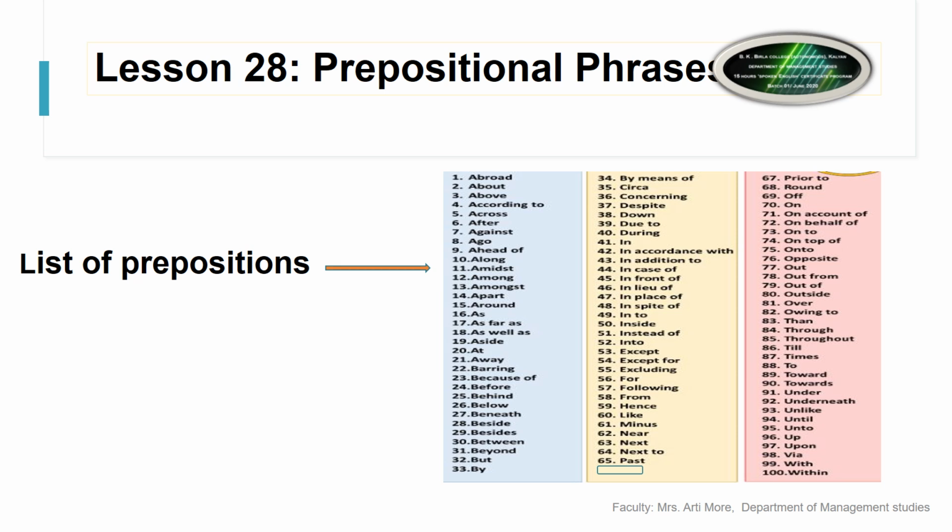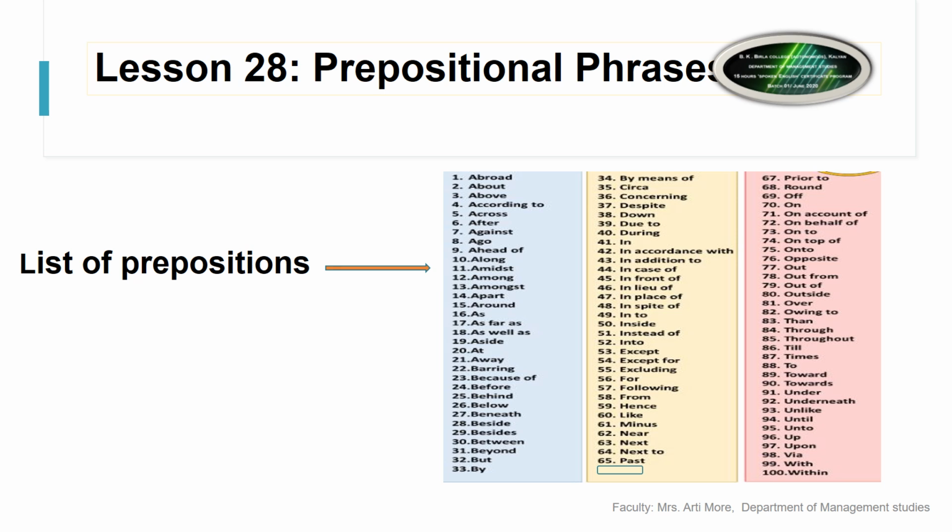Prepositions from B: barring, because of, before, behind, below, beneath, beside, besides, between, beyond, but, by means of. Prepositions from C: circa, concerning. Prepositions from D: despite, down, due to, during.